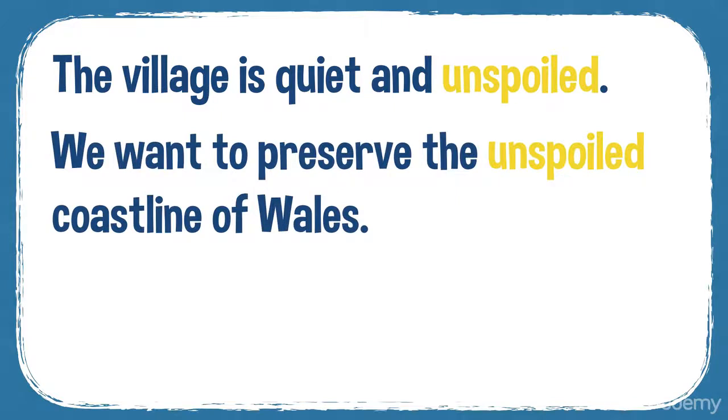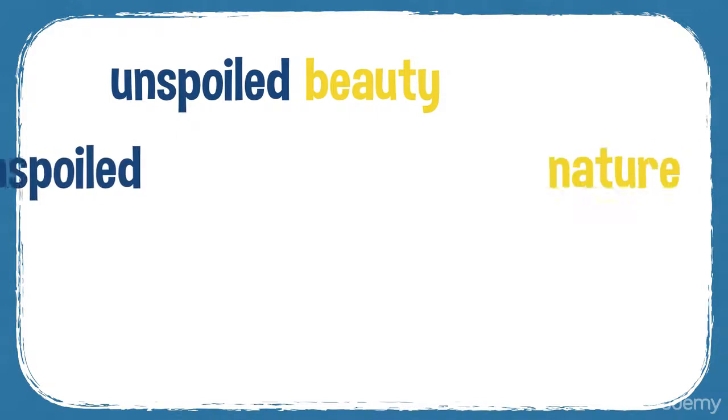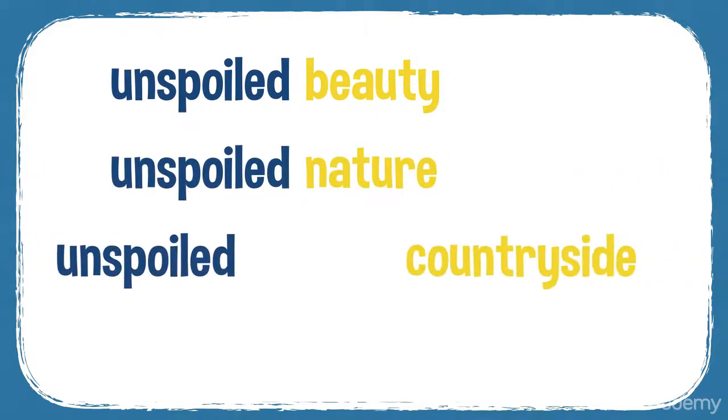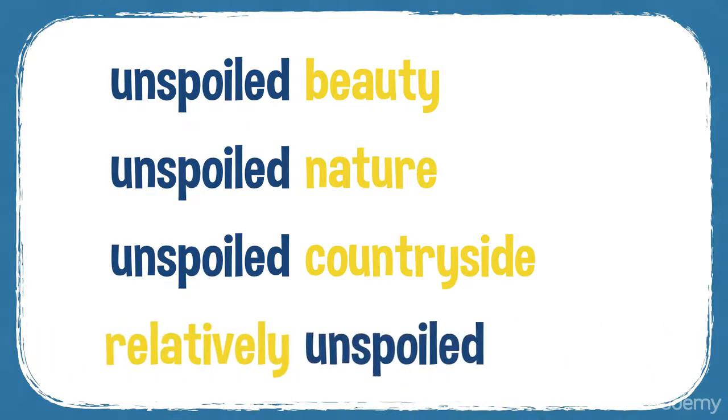We want to preserve the unspoiled coastline of Wales. The valley was unspoiled by modern life. So we talk about unspoiled beauty, unspoiled nature, the unspoiled countryside. And you can use an adverb like relatively unspoiled. Maybe there's a little bit of modern buildings there.